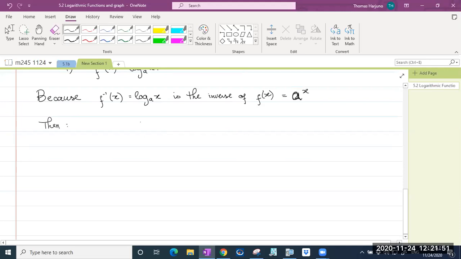If you have f(x), which is a to the x, and g(x), the inverse, log base a of x, then the following happens.